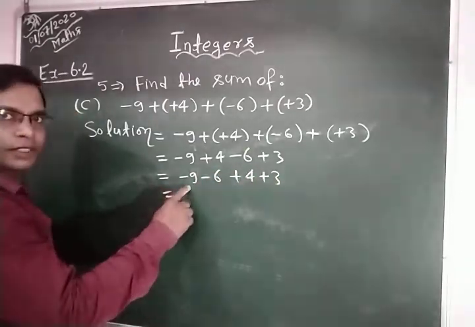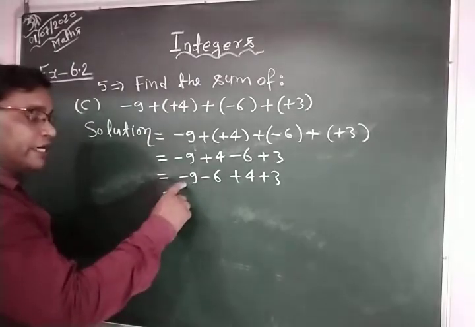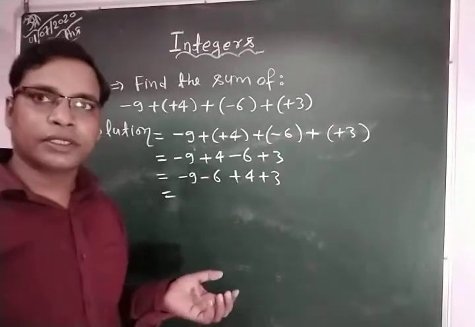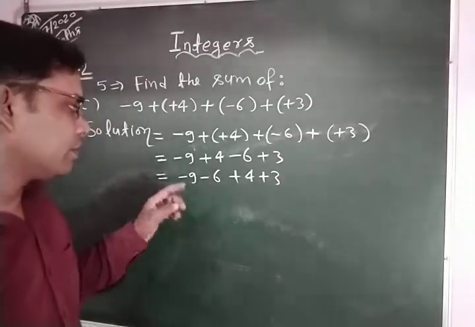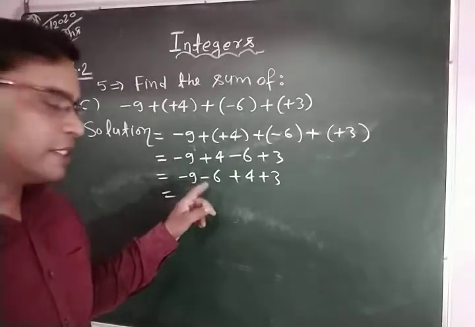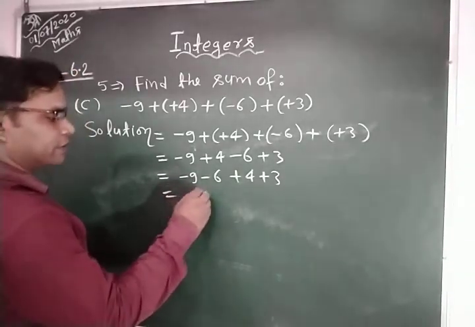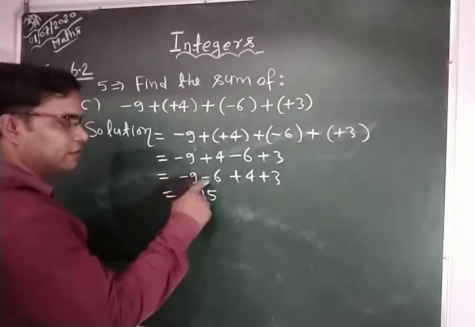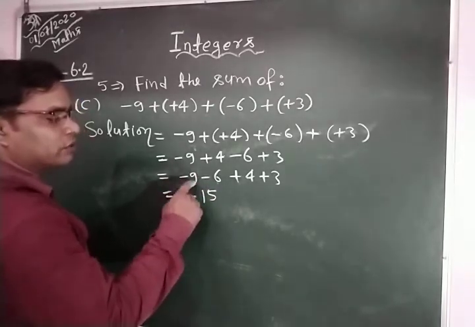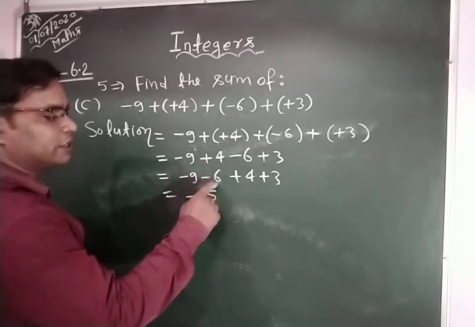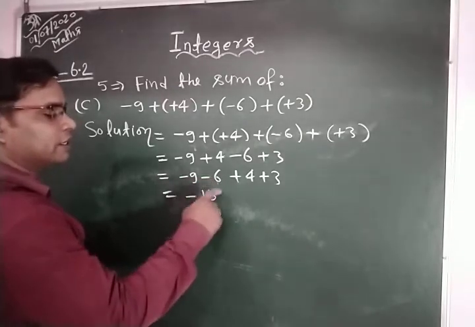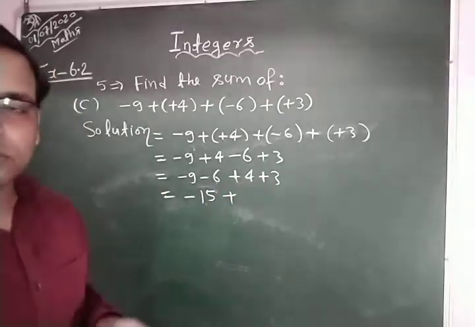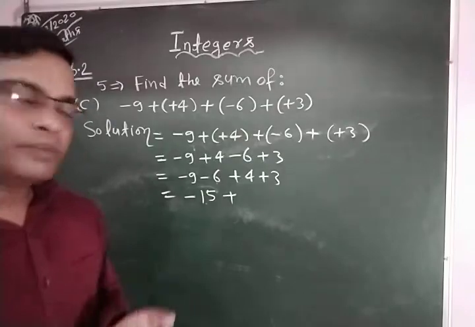Here you can see minus 9 minus 6 both are negative integers. Okay, so minus 9 minus 6 is equal to minus 15. We add them with same sign. Both numbers have minus sign, so we add them. 9 plus 6 is equal to 15. We write it minus 15. And here 4 is plus and 3 is also plus. So plus 4 and plus 3 becomes 7.